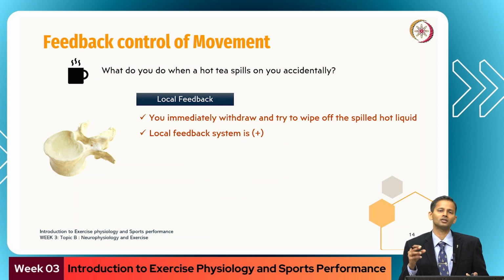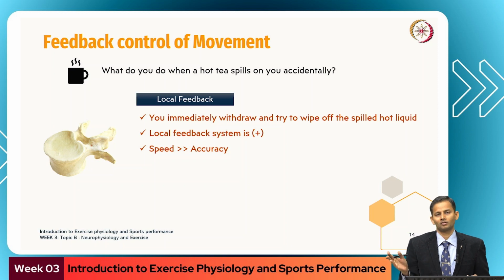So that's a stimulation of the local feedback system. Here you are looking for speed more than accuracy. The faster you remove your hand from the hot liquid, the better, as the sensation of pain decreases. You want to do it as fast as possible. So speed is more important than accuracy.